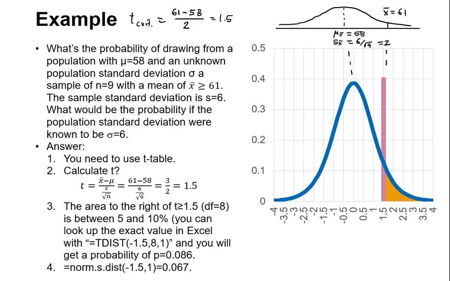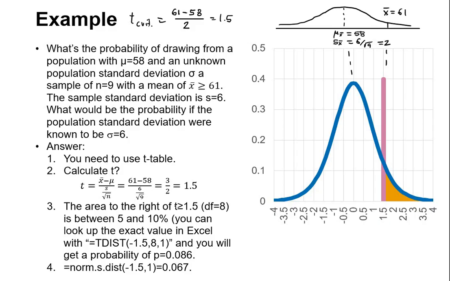And if we use in Excel the correct formula, which is T.DIST with negative 1.5 as the critical value, because the area to the left of negative 1.5 is obviously the same as the area to the right of 1.5. So that's why I wrote 1.5 here. And then Excel wants to know the degrees of freedom, so that is 8.